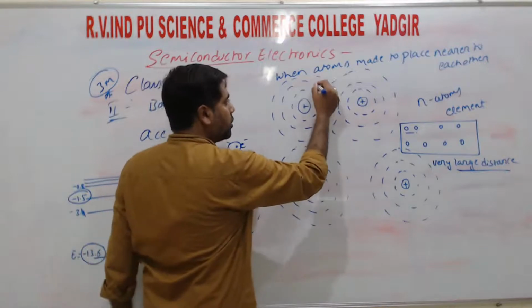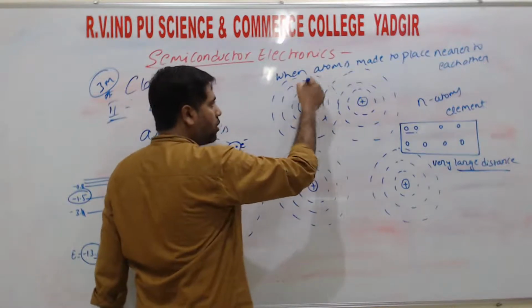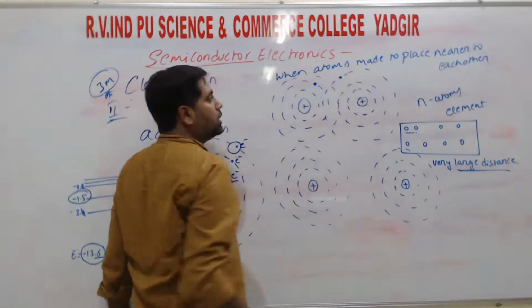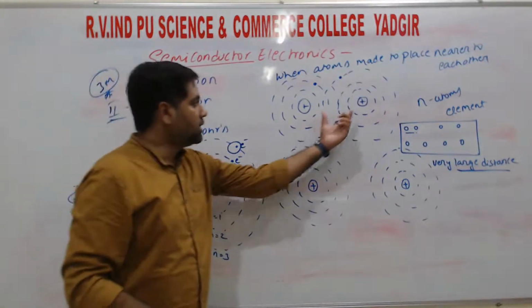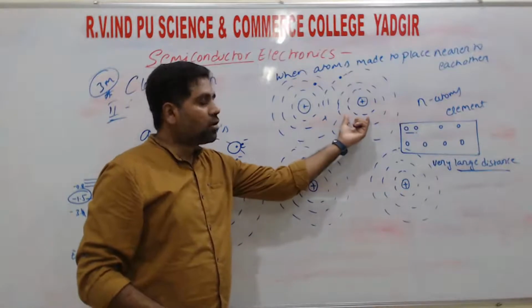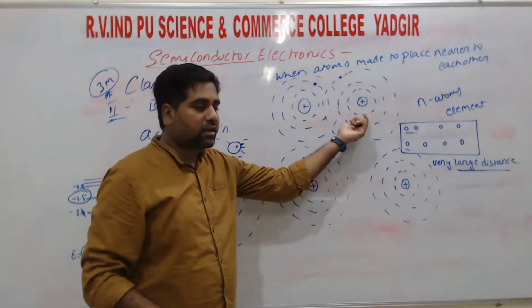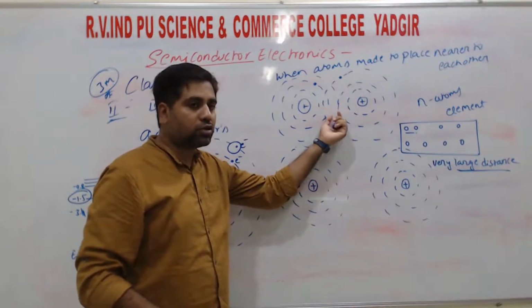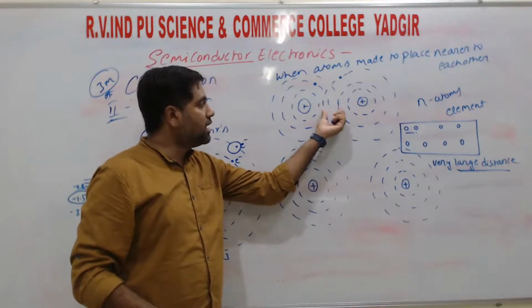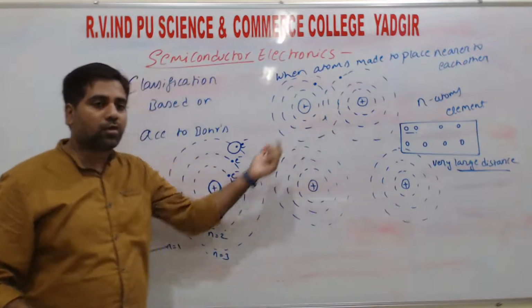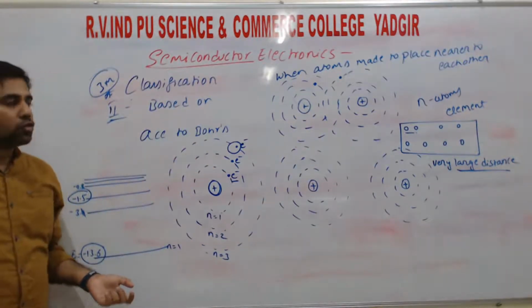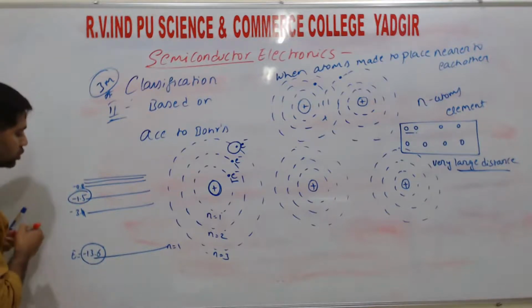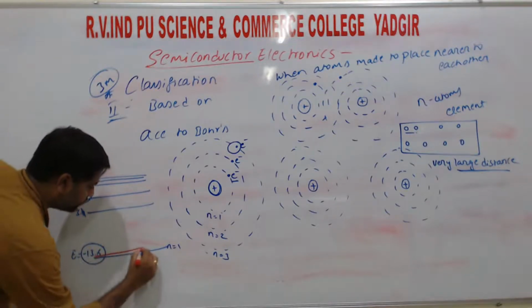So each atom has different energy levels, right? As we place these two atoms very close to each other, the energy levels of these two atoms overlap. At that time the energy bands also overlap like this.